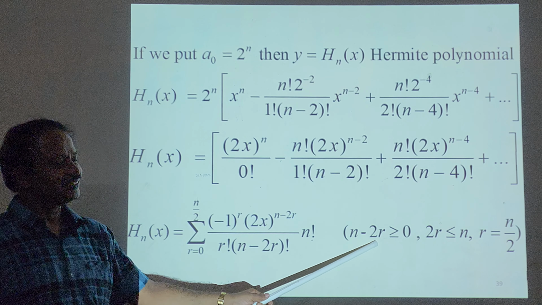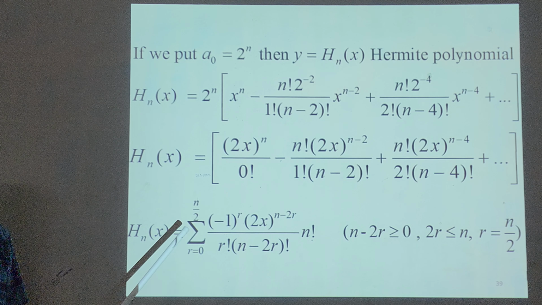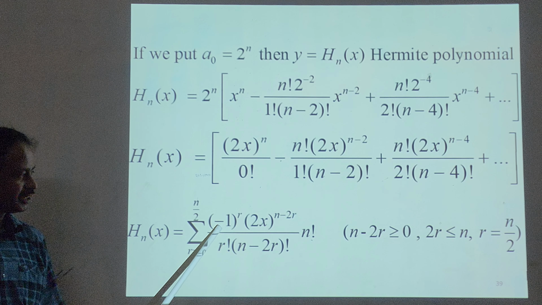You just substitute now the next term, r equals 1 here. When r equals 1, this becomes minus sign. When r equals 1, this becomes n factorial, (2x)^(n-2).